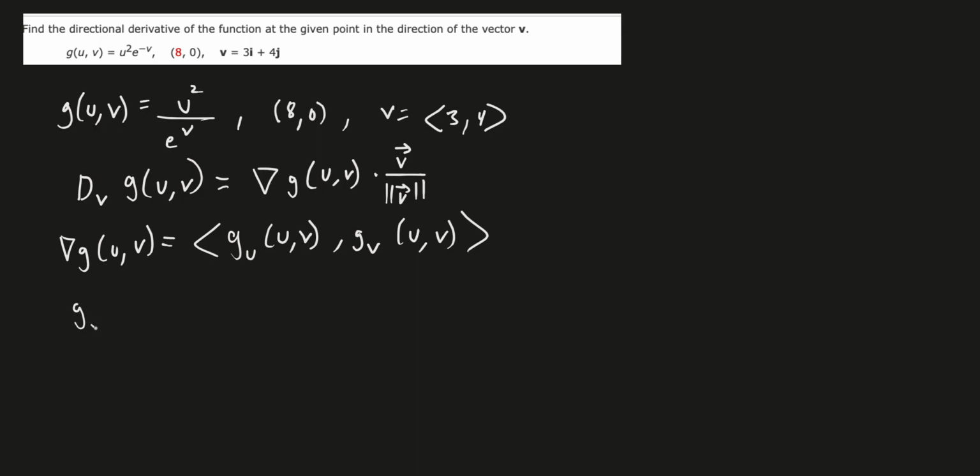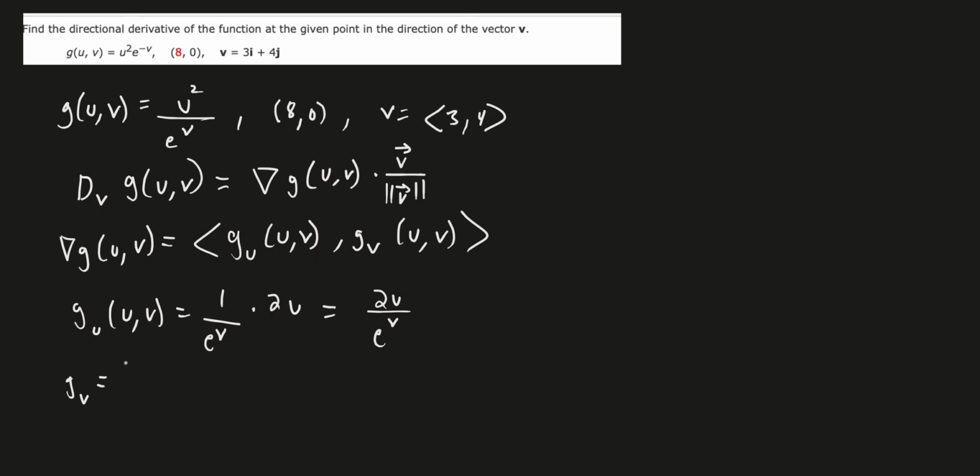First of all, partial g with respect to u, treating v as a constant, we have 1 over e to the v times 2u, which is 2u over e to the v.